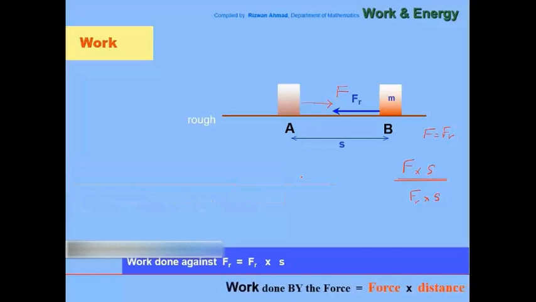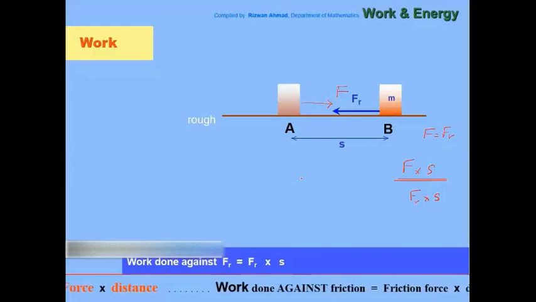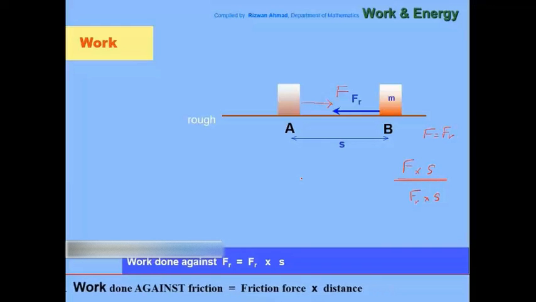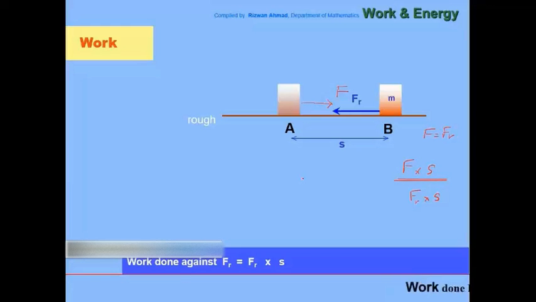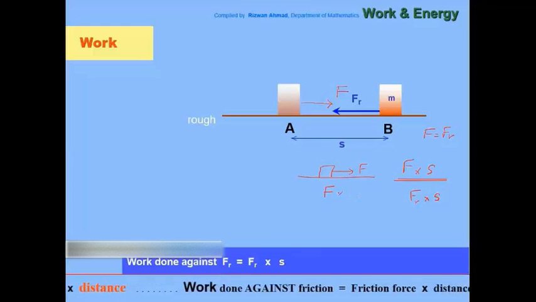We are not finding any net work done on the object. We are finding the work done by or against some single particular force. In the first case there was a force F acting in the direction of motion, so we simply said this force times the distance moved.